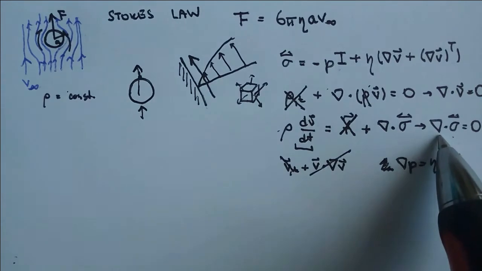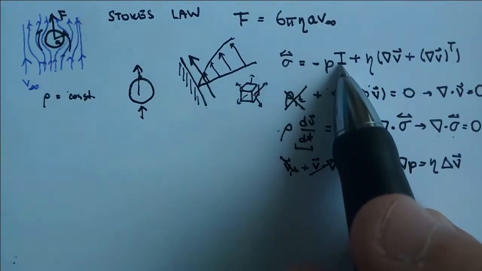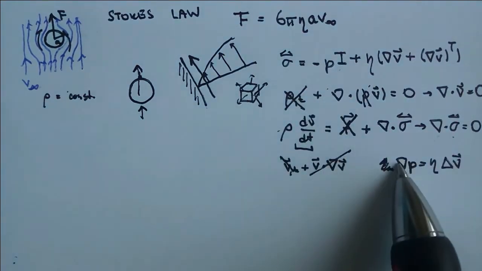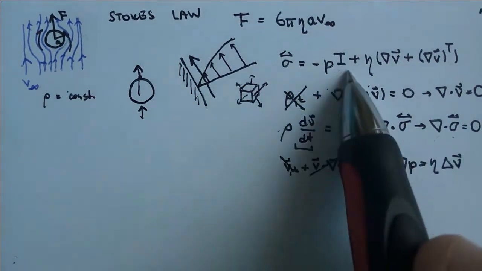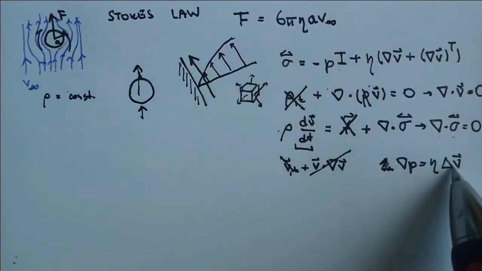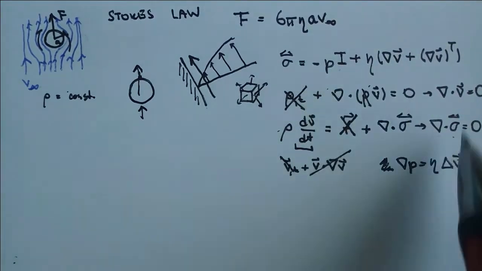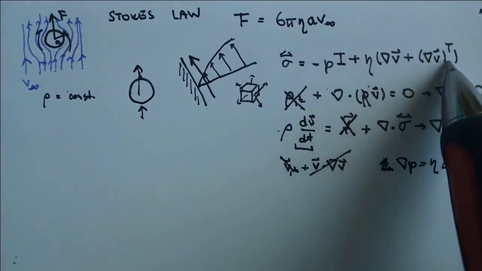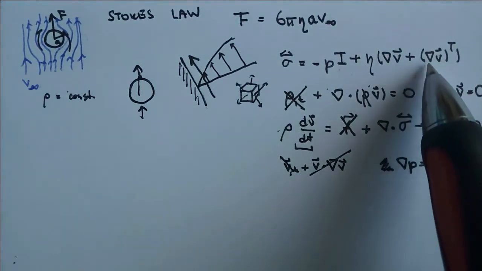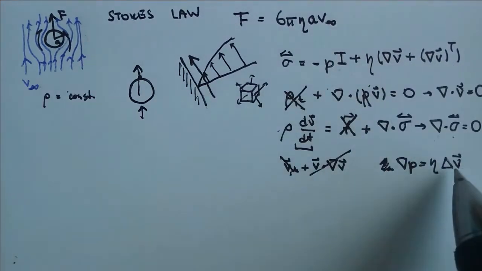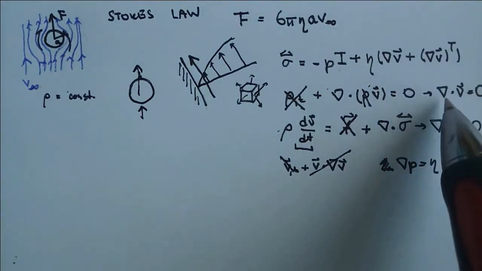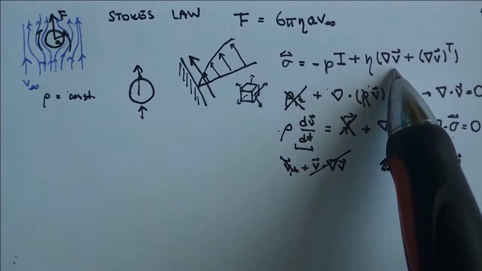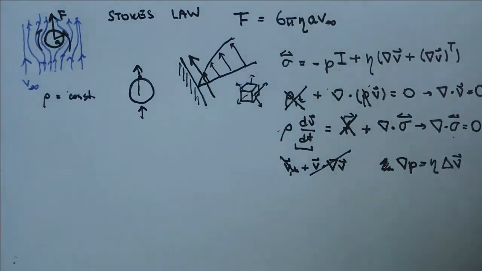Why? Because this is the gradient of P times the identity matrix, whose divergence is the gradient of P, and we move it to the left side. Then there is the divergence of the gradient of v, which is the Laplacian, and the divergence of the transposed term is the gradient of the divergence of V, but the divergence of V is 0, so only the Laplacian term will survive, and this has 0 contribution.